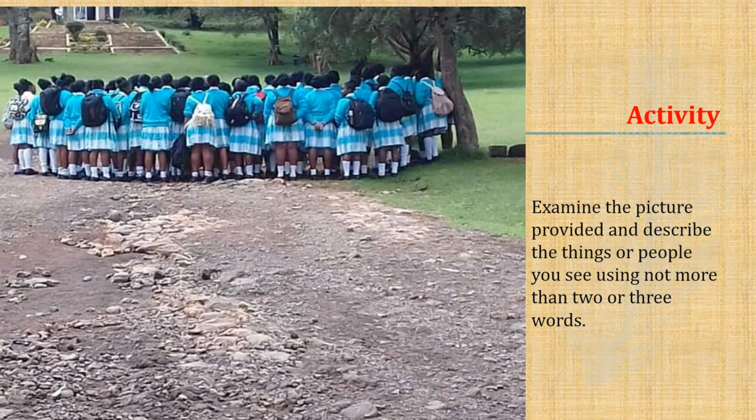Before we start discussing adjectives, I would like us to carry out an activity. As you can see in this slide, we have a picture. What I require from you is to take your time and describe either the things or people that you see in this picture. You can use either 2 or 3 words.